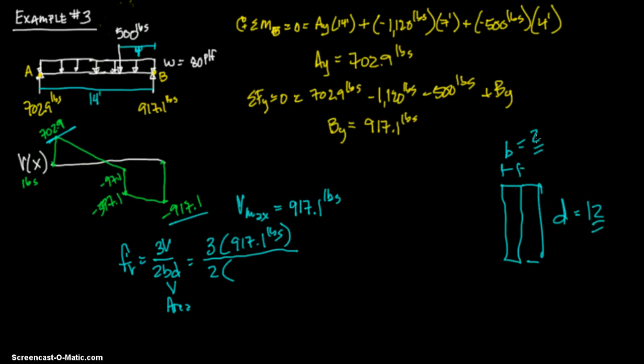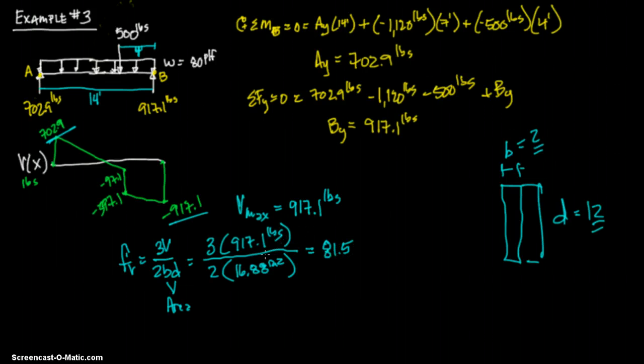But actual dimensions are going to be less than that. Alright, so we said it was 16.88 inches squared. Let's go ahead and do the calculation on that. 3 times 917.1 divided by 2 divided by 16.88. Your answer is 81.5.